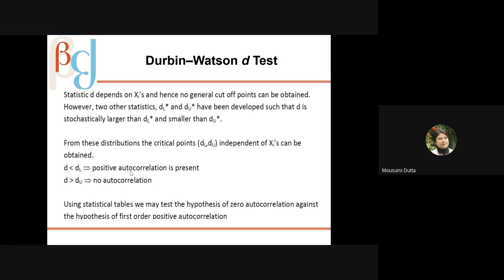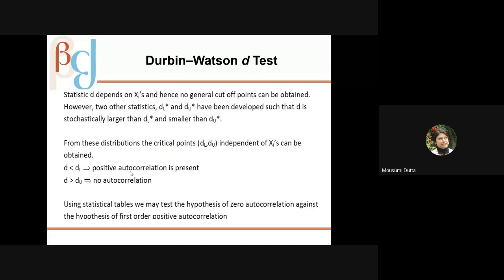However, two other statistics, DL star and DU star, have been developed such that D is stochastically larger than DL star and smaller than DU star. So Durbin and Watson tried to find out two specific statistics, DL star and DU star, which are independent of X size. So these will prepare the table.